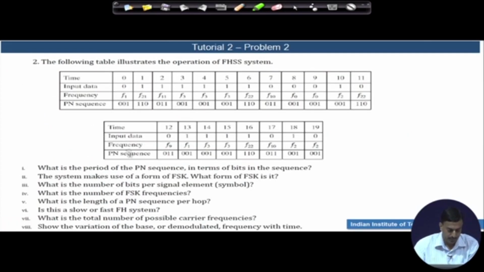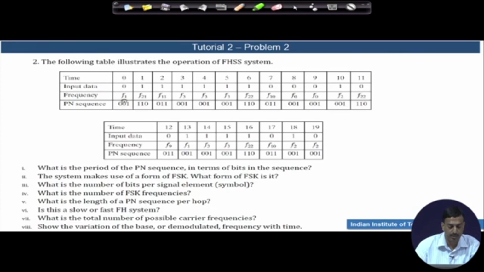In the next problem, we are given a table of data. To start with, in the first row we have the time index from 0 to 19. Corresponding to every unit time, we are given the input data in the form of a bit stream, as you can see, and we are given the frequency for every time index.